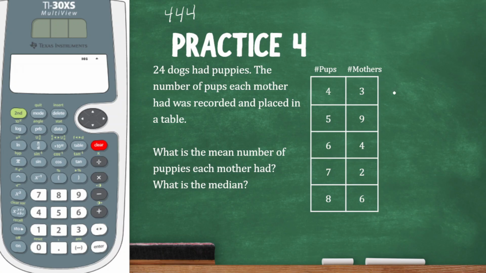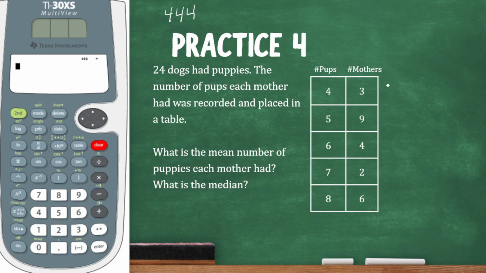So if we want to find the mean number of puppies, we need the total number of puppies divided by the number of mothers. But we can't just add all of the puppies in this column. We actually have to multiply them by the number of mothers.